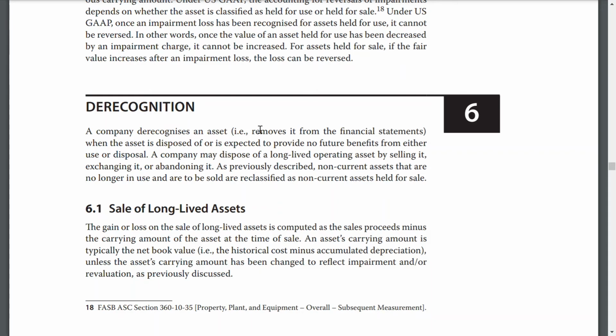For the sale of long-lived assets, the gain or loss is computed as the sales proceeds minus the carrying amount of the asset at the time of sale. The asset's carrying amount is typically the net book value, unless it has been changed to reflect impairment or revaluation, as previously discussed.